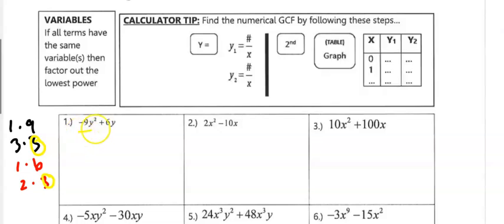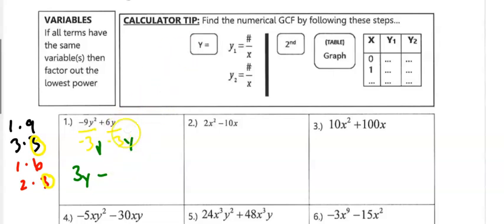So if we factor out a negative 3, both terms have a y, so we can also take out a y. Negative 9 divided by negative 3 is just 3. Y squared divided by y gives us y. Let's rewind. Hold that thought.